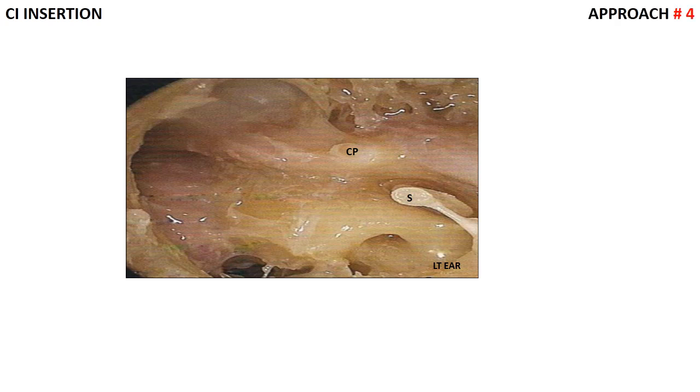This is the last approach, which is the approach to the middle turn. What are your landmarks? Your landmarks will be the cochleariform process and the footplate of the stapes. Your cochleostomy will be 1 mm below the cochleariform process and 2 mm in front of the oval window.